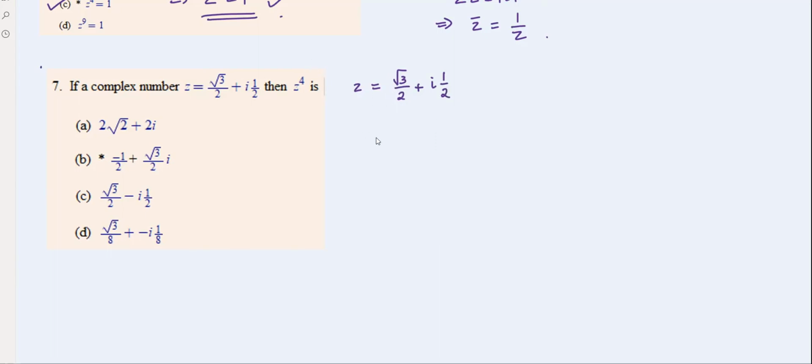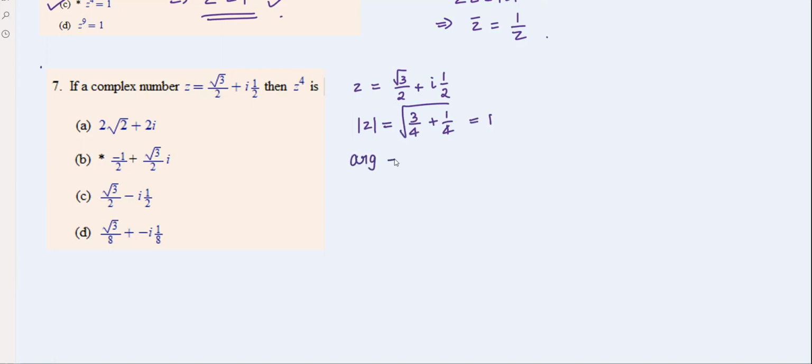Now, modulus of this, you can write it in the modulus argument form. Modulus of z is 3 by 4 plus 1 by 4 under root, it is 1.